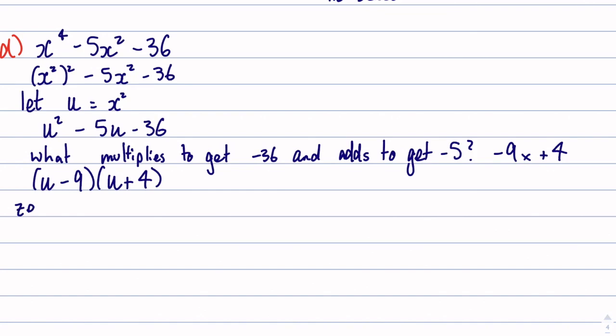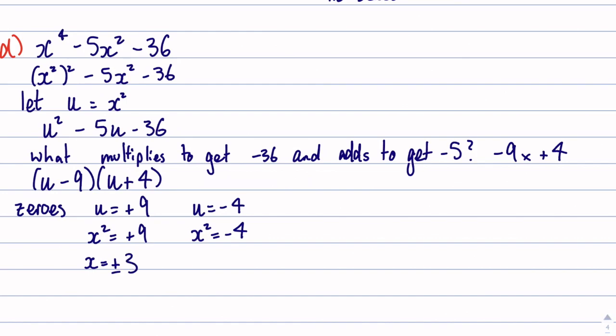So our zeros are u equals positive 9, u equals negative 4. But u was x squared, so I'm going to write x squared equals positive 9, x squared equals negative 4. So this one, x equals positive and negative 3, but this one doesn't work.